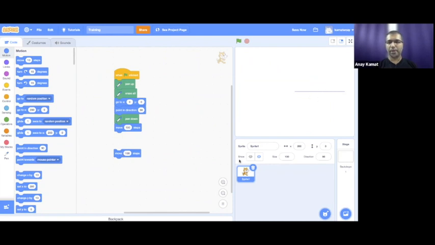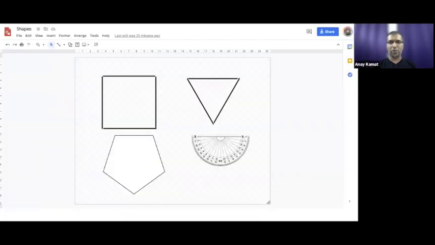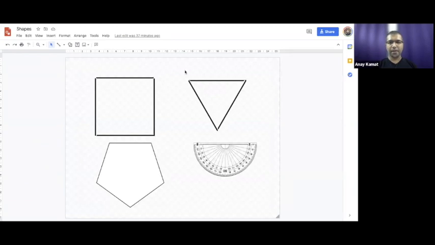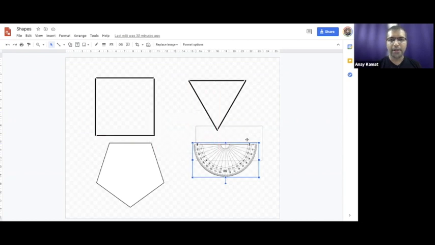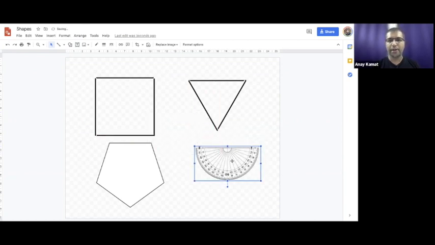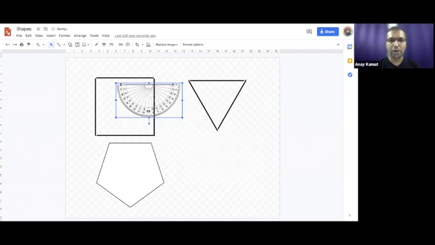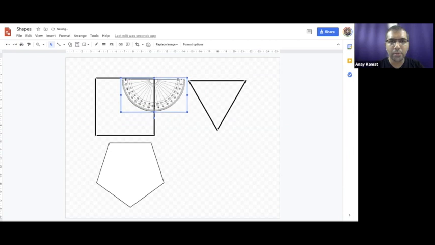So what needs to happen here is we need to rotate the sprite in order to draw the next line. Currently, it is facing towards the right. We want it to face towards the ground. I have made this drawing over here. Let us use a protractor over the square we are trying to draw and see what that angle would be.